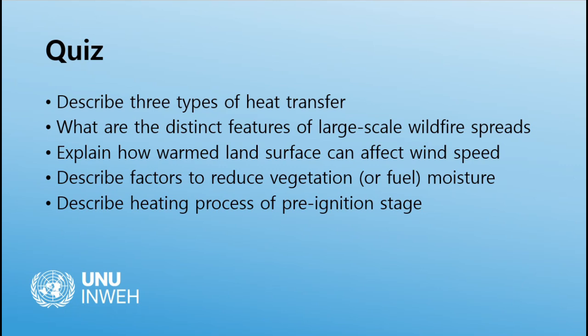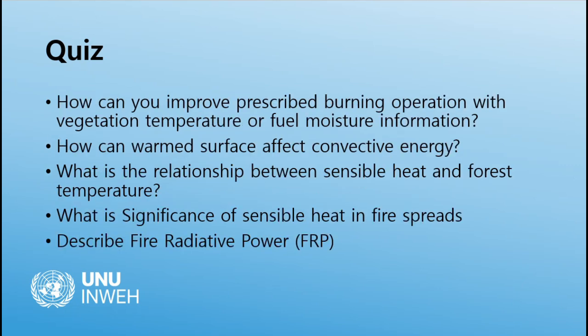And please explain how the warm land surface can trigger storms and initiate convection and condensation, and how they can make much stronger wind. We briefly talked about the storm initiation process, right?